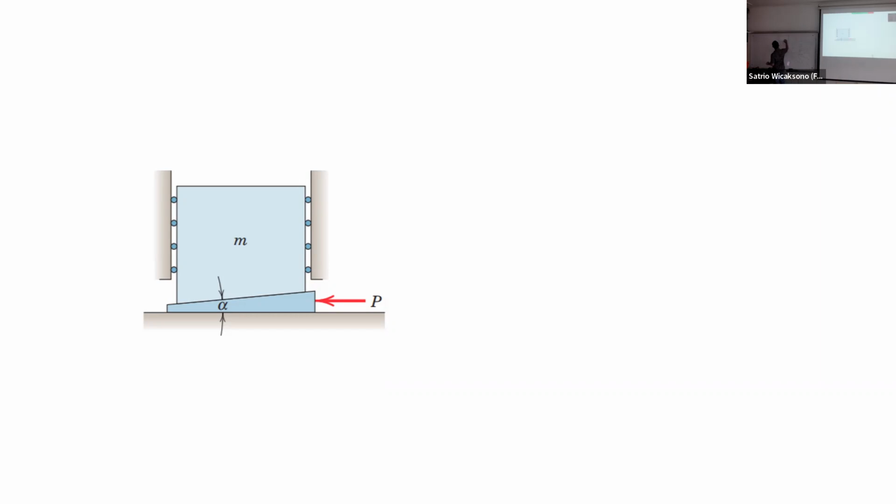The weight is supposed to be there at the center of gravity. What else? External force from the side. We will talk about it later, but try to put this here. Normal force is supposed to be there. And W is supposed to be there. And what is the direction?